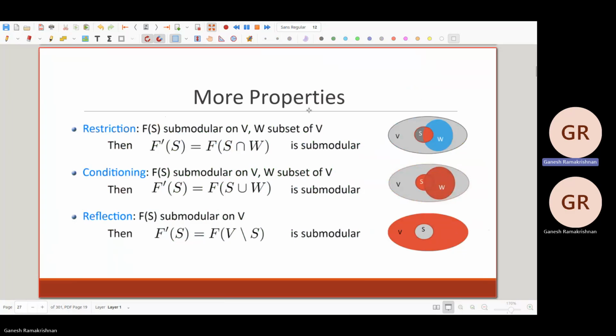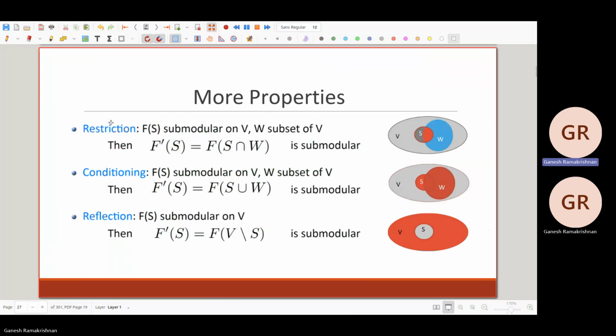More properties. Let's say I define f dash to be the original function f defined on the intersection of the argument with some fixed set. W is a fixed set here. If I say S intersection W, then this function is also submodular.